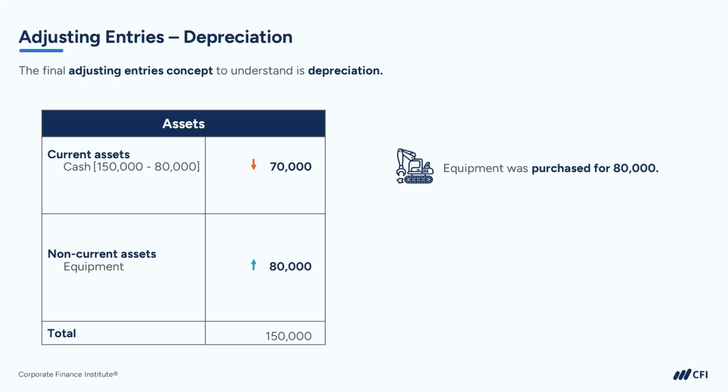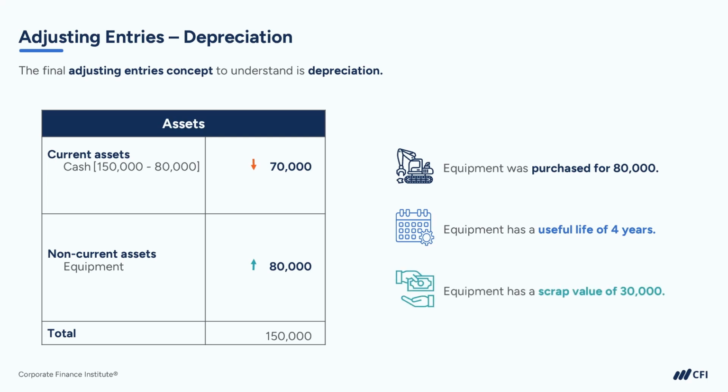Let's now assume that the equipment has a useful life of 4 years, and that we're going to use that asset very evenly over those 4 years, and that at the end of the 4 years, we believe the asset will have a value of about 30. In other words, we'll be able to sell that used asset for 30 in the market. We call that a residual value or scrap value.